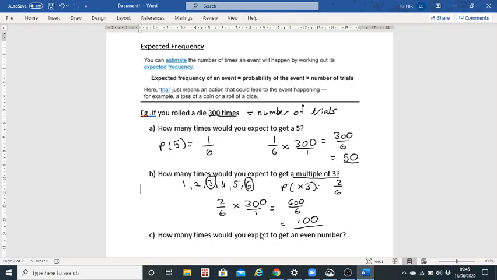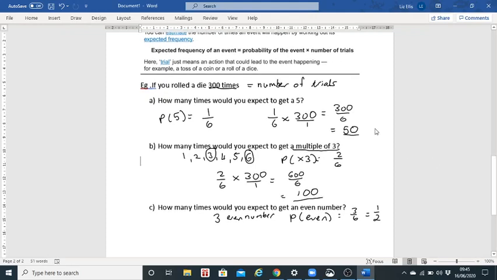Right, how about even number? How many even numbers are there on the dice? Hopefully you know that there are 3 even numbers. So the probability of getting an even number is 3 out of 6, or you probably already spotted that it's actually a half. So once again, probability of the event times the number of trials.